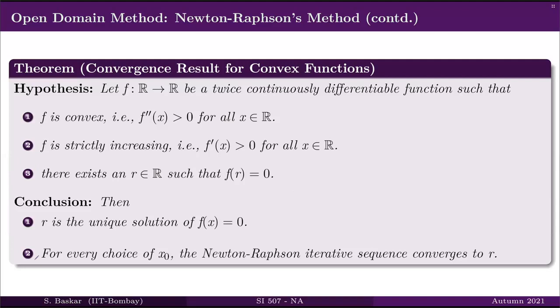It's an easy exercise which says that for any choice of x naught, not necessarily in a small neighborhood of r, you choose any x naught, the Newton-Raphson iterative sequence converges to r. I'll leave it to you to prove this. Not only this, the other three cases also, that is convex strictly decreasing, concave strictly increasing, and concave strictly decreasing also. You can prove in a similar way. It's a very easy exercise. You have to learn how to prove them.